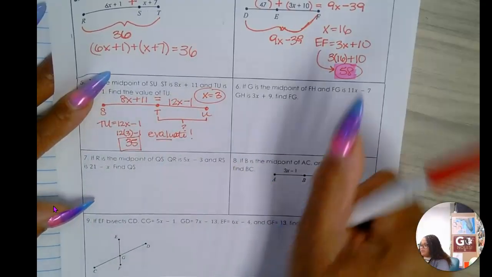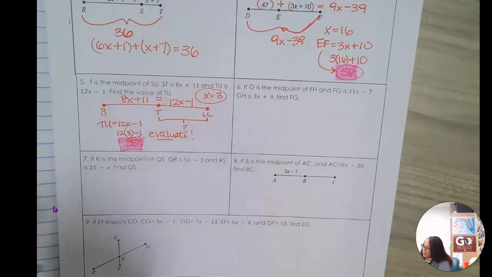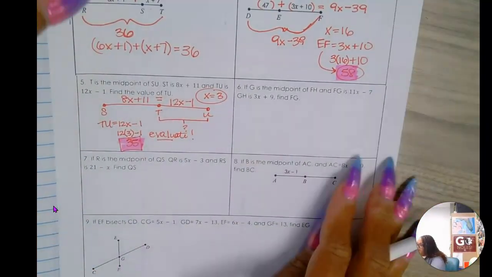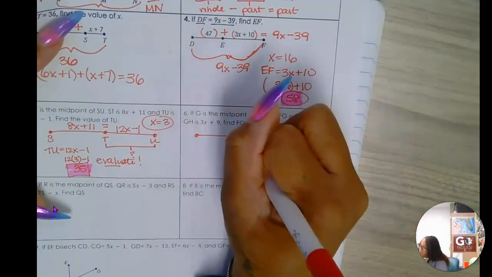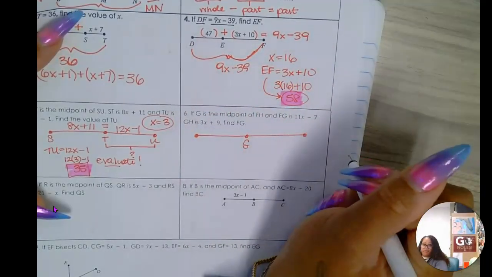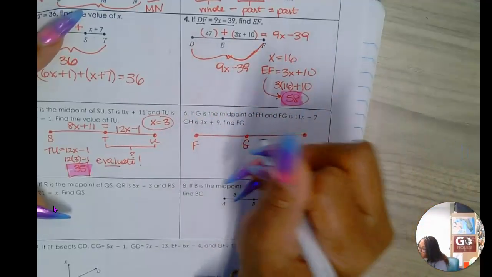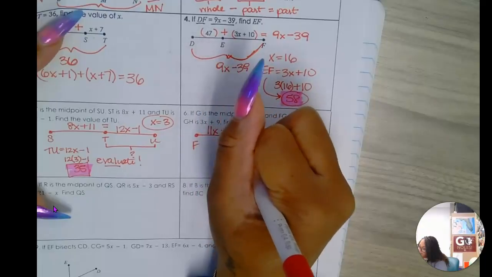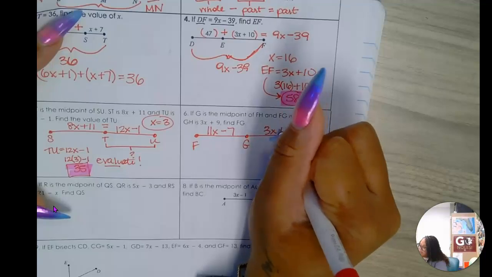This is my answer. Number 6 says, if G is the midpoint of FH, draw a segment. Cut it in half. FG is 11x minus 7, and GH is 3x plus 9.